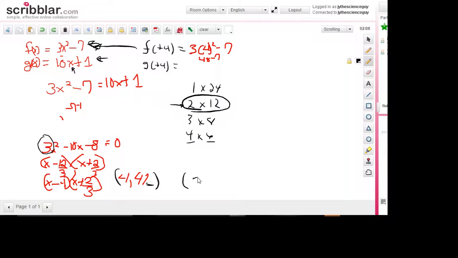So this is negative 2/3, and now I gotta find my other y value. I gotta figure out what that is. 2/3 times 10 square.